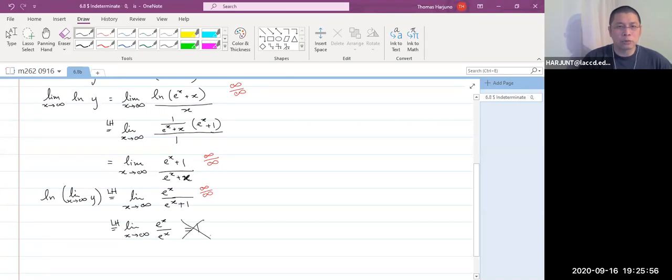No, it is not true. It is true that later on it will become 1, but you cannot say the next step is 1. Because if you write it this way, you are saying that e to infinity over e to infinity equals 1. That's what you mean.